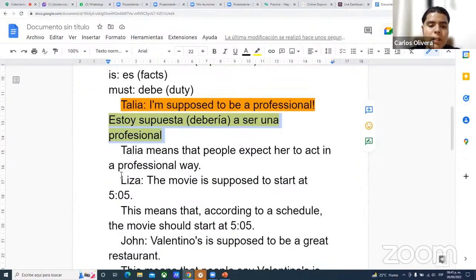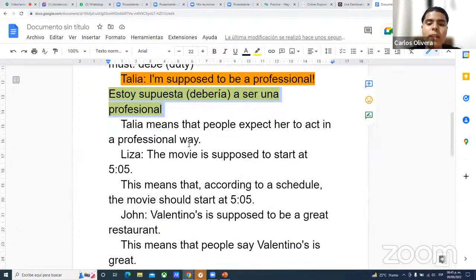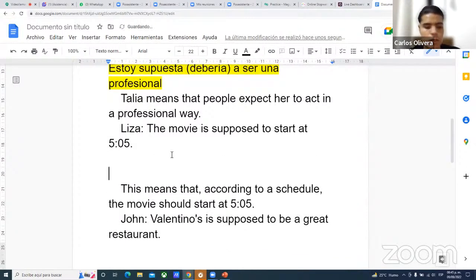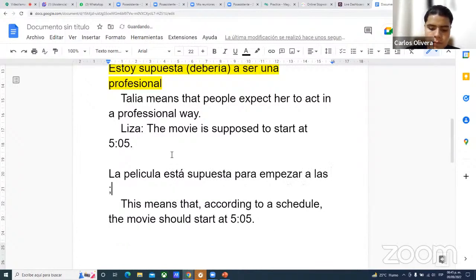Let's see one more example. Lisa, the movie is supposed to start at 5:05. La película está supuesta para empezar a las 5:05, right?